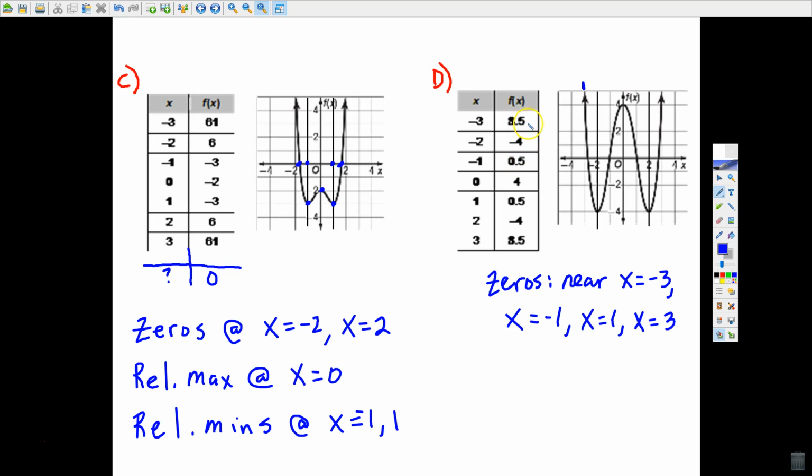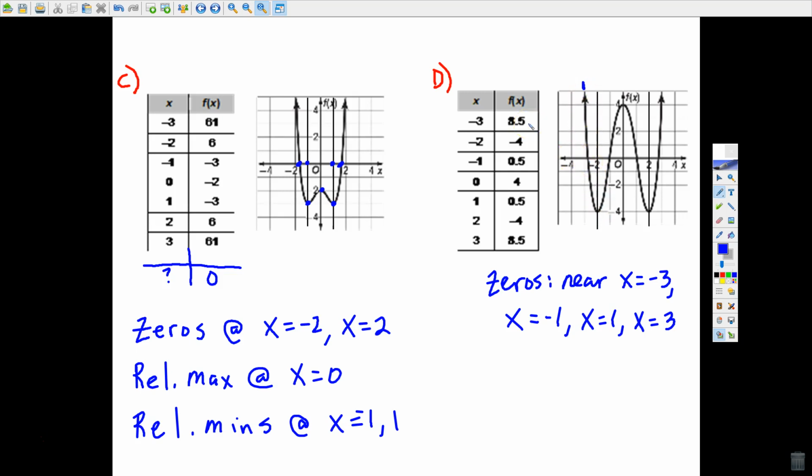That happened here as well, positive to negative. So in other words, if we're going from left to right, we went from above the x-axis and then we dipped below. In order to make that happen, you had to have crossed the x-axis, and that probably makes sense. Negative 3, 8.5 would be up here, negative 2, negative 4 is here. So to get from positive on the y to negative on the y, obviously you had to cross.